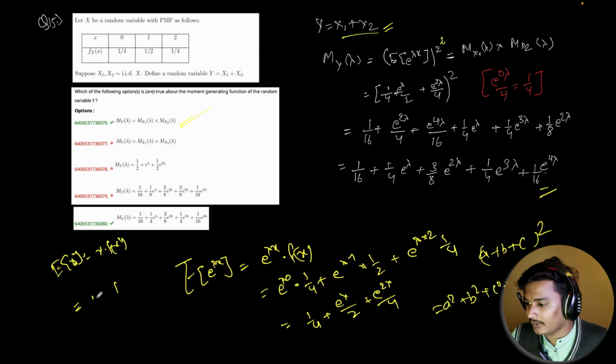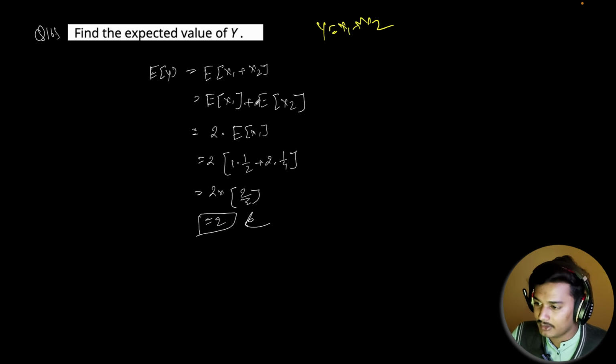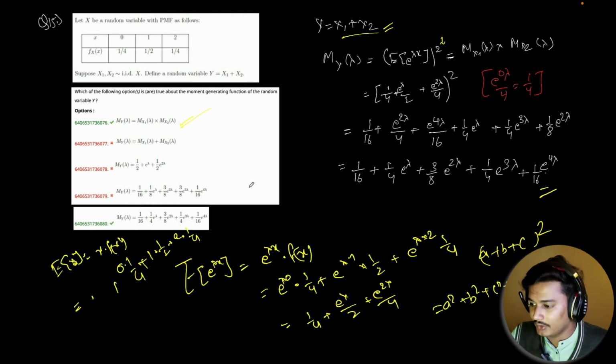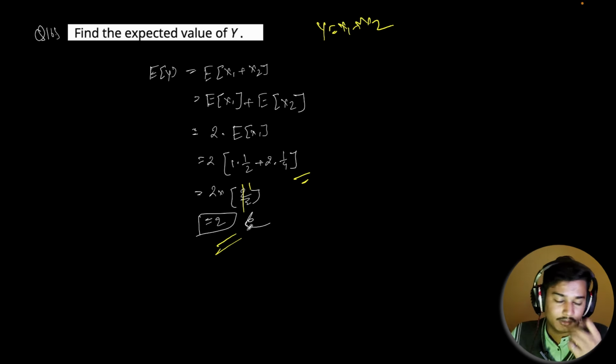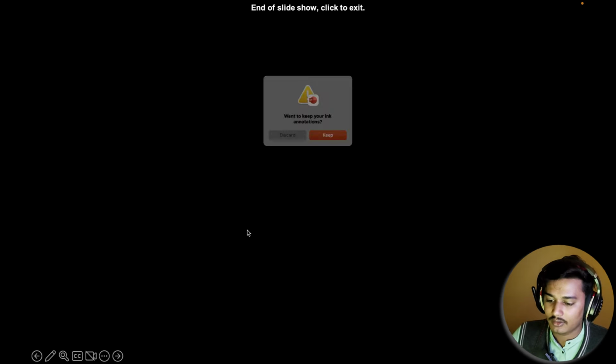So it is 0 into 1 by 4, plus 1 into 1 by 2, plus 2 into 1 by 4. The 0 term is cut down, right? And when we do this it will be 2 by 2, that is 1. So 2 into 1, that is 2, that is the answer. Okay, so this is the question.